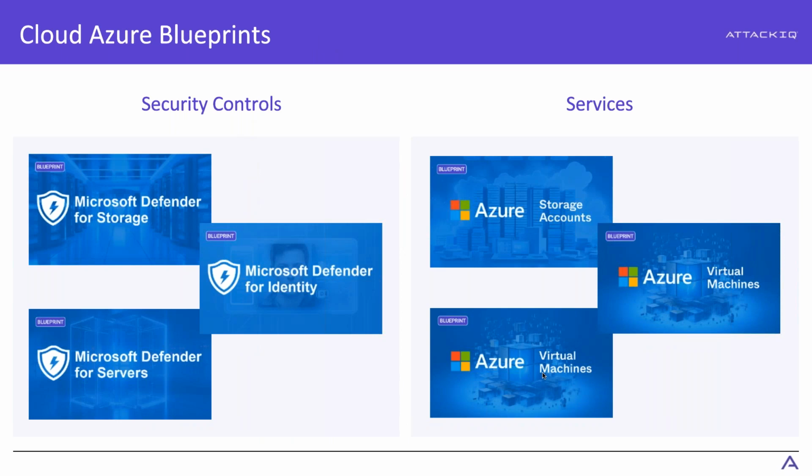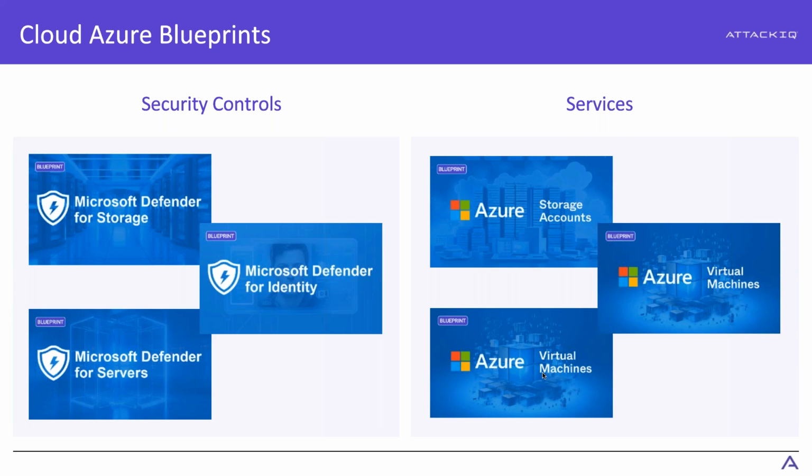So now let's talk about the Azure blueprints that are available. When we talk about cloud blueprints, we can think about two distinct groups: the security control driven blueprints and the services driven blueprints. The security control driven blueprints were written by AttackIQ experts to help you instrument the platform to validate the performance of cloud native security controls, such as Microsoft Defender for Storage, Microsoft Defender for Identity, or Microsoft Defender for Servers.